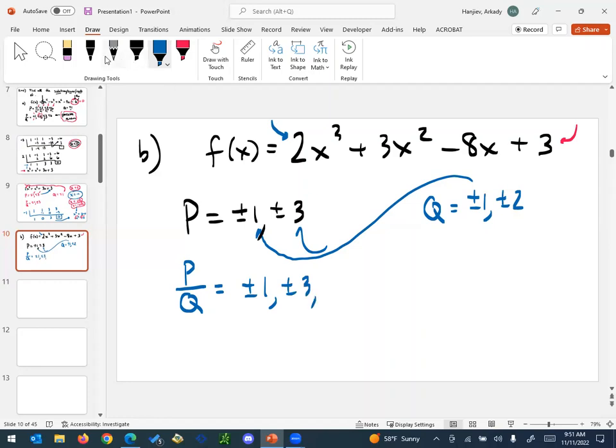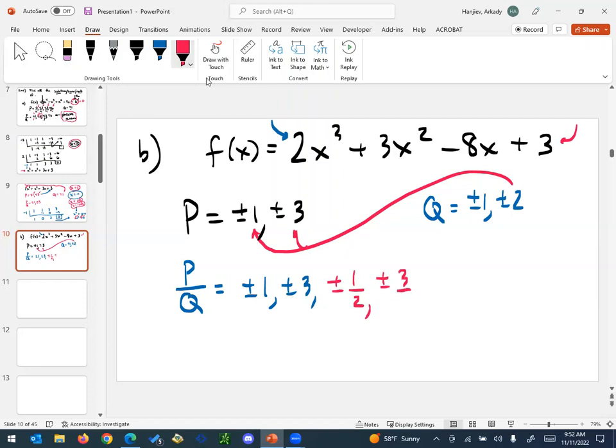Next is, what happens if Q is 2? 2 goes into here, and 2 goes into there. So I've got myself positive or negative 1/2 this time, and positive or negative 3/2. 1, 2, 3, 4, 5, 6. Are we good there? There's my possibilities.